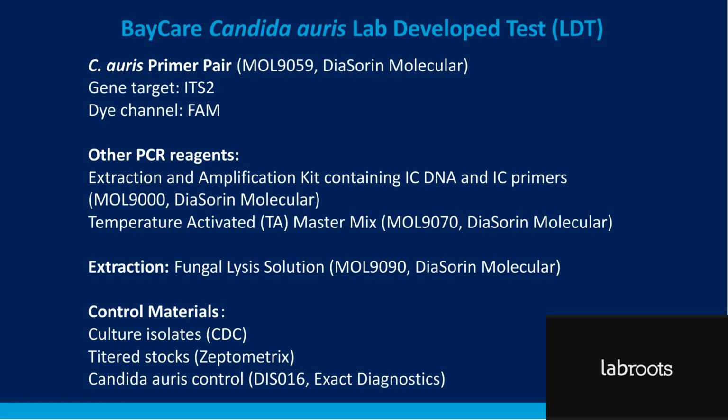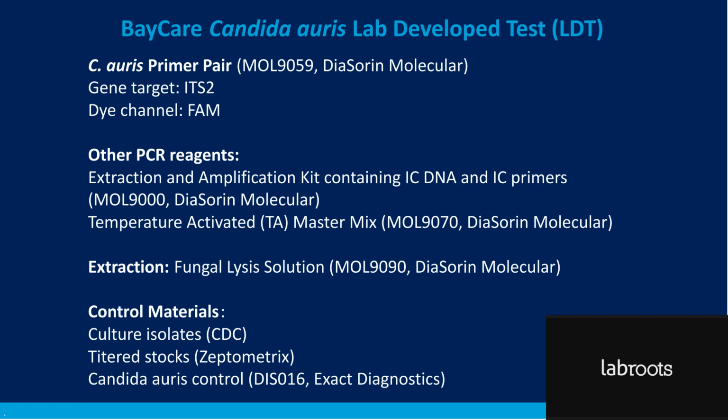We also had experience with temperature-activated master mix, which allows for direct assays that do not require a separate extraction. Eventually, and I'll talk about this in a minute, we ended up also investigating this fungal lysis solution from Diazorin, which ended up being very helpful. And we knew that there were several control materials available from a variety of vendors as well as CDC.